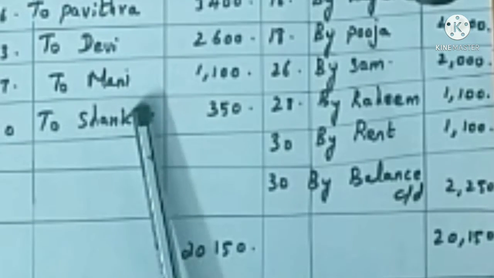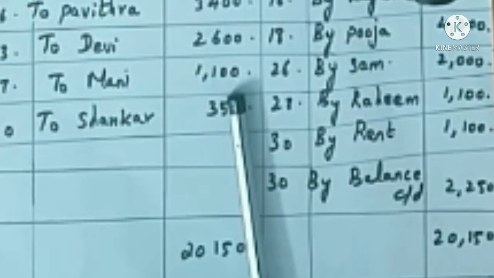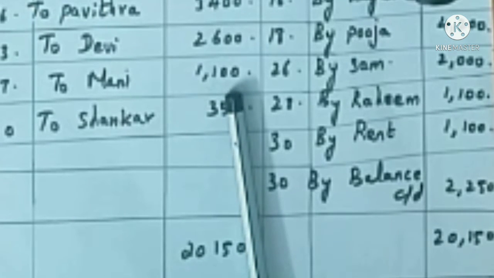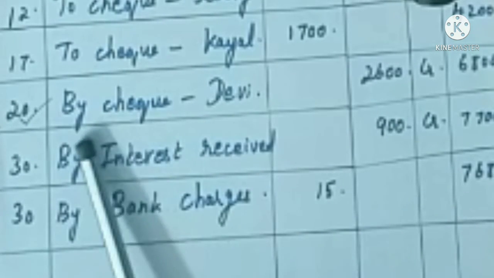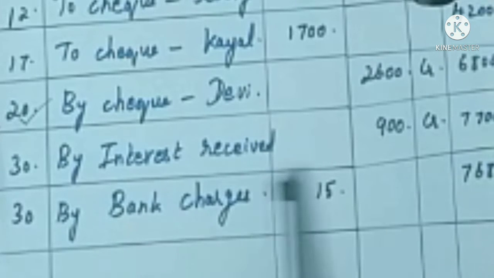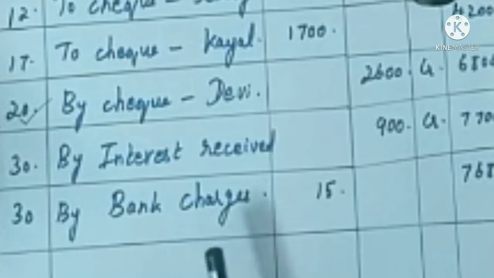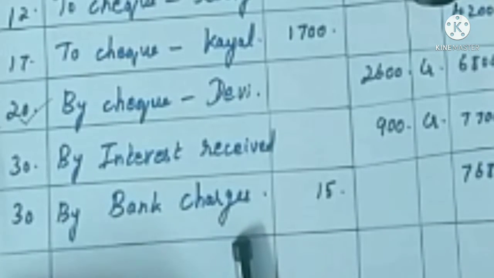Okay, To Mony rupees 1100 is debited in the cash book. Let's see whether it is credited in the passbook. By cheque Devi, then By interest receipt, By bank charges: all these are recorded in the passbook. But this amount of rupees 1100 To Mony is not recorded in the passbook, so it causes the difference between the bank balance in the cash book and passbook.